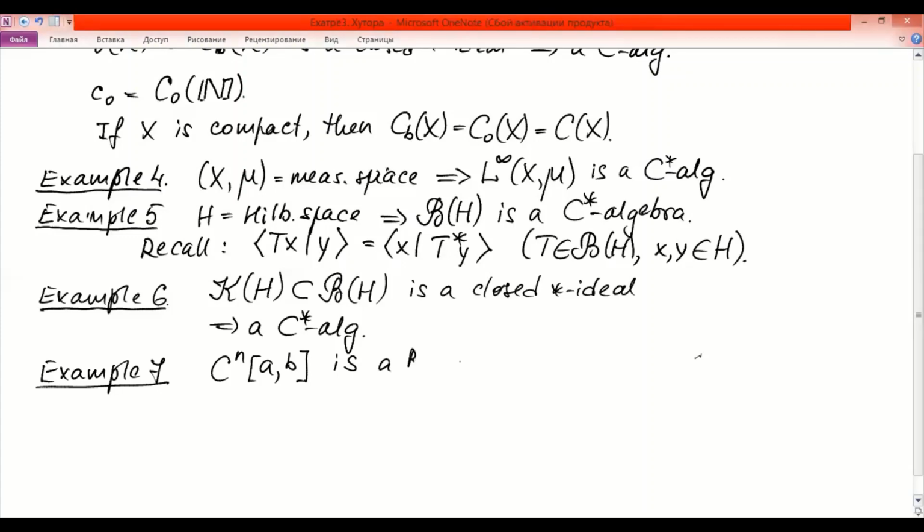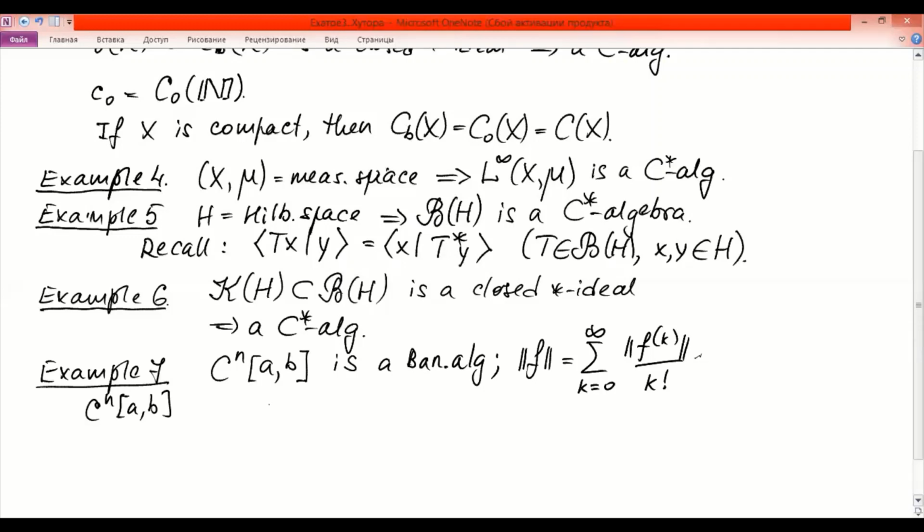So let's recall that the standard norm on this algebra is given by the following formula. So this is a standard norm on this algebra, and we know that it makes C^n[a, b] into a Banach algebra. And it's easy to see that it is a Banach star algebra. Again, the involution is just the complex conjugation.